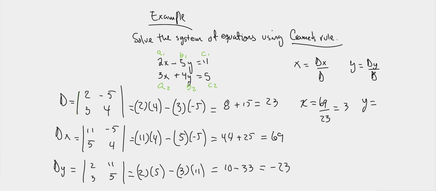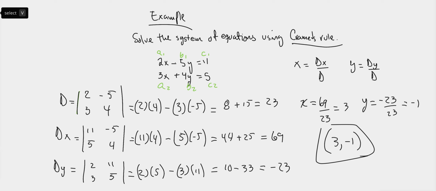And then we have y here. The determinant of y is negative 23, the determinant of the constant is positive 23, and that gives me negative 1. Now the last thing that I have to do is write this as an ordered pair. This is my answer: the value of x is 3, the value of y is negative 1.